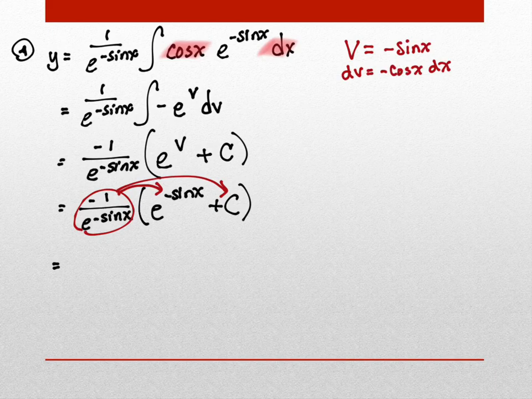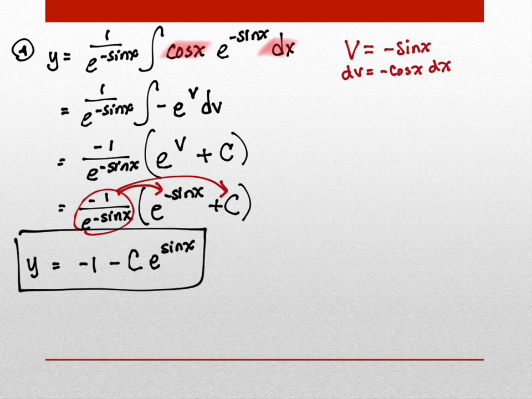So I have a negative 1 from that piece. And then on the next one, I still have a negative because of the negative 1 on top. And I still have the c. But the e to the negative sine x can be brought up and made positive. So I have e to the positive sine of x. So my particular solution for this first order linear differential equation is negative 1 minus c e to the sine of x.